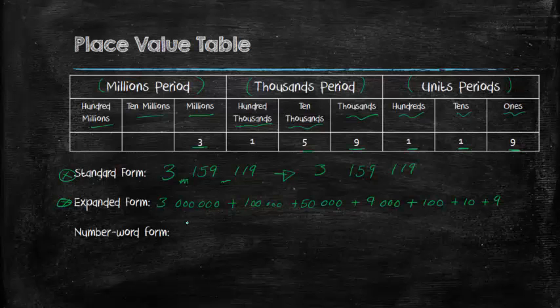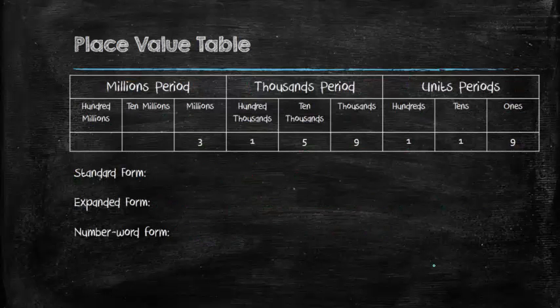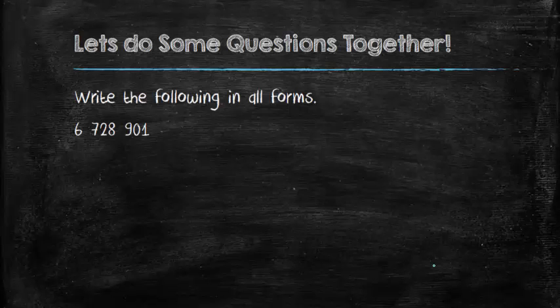We would say 3 million, so we'd write 3 million, 159,000, and 119. So this is how you would write the number word form, okay? Pretty simple stuff.